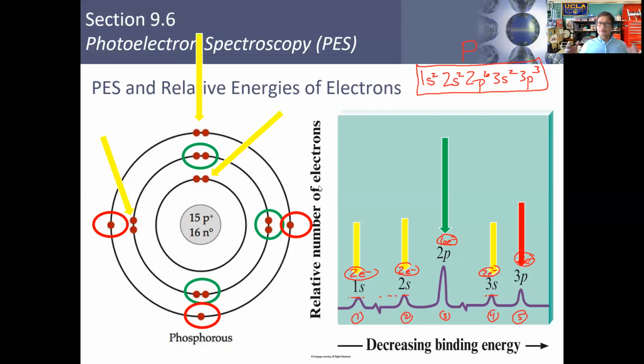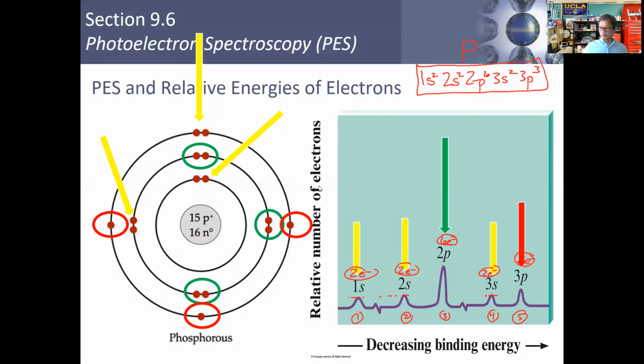Okay, and so that's how we go about it, folks. Using the photoelectron spectrum, if given an atom, we should be able to relate that to the spectrum. But if we're given a spectrum, we should be able to interpret it and get the atom. And that's what we did here.